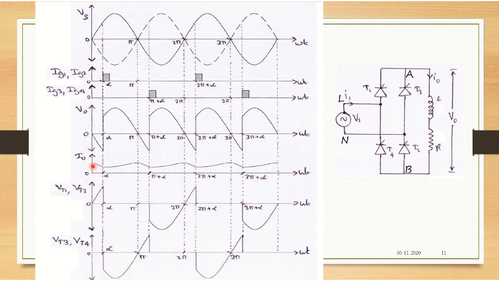The current can be made continuous by increasing the value of the inductor.